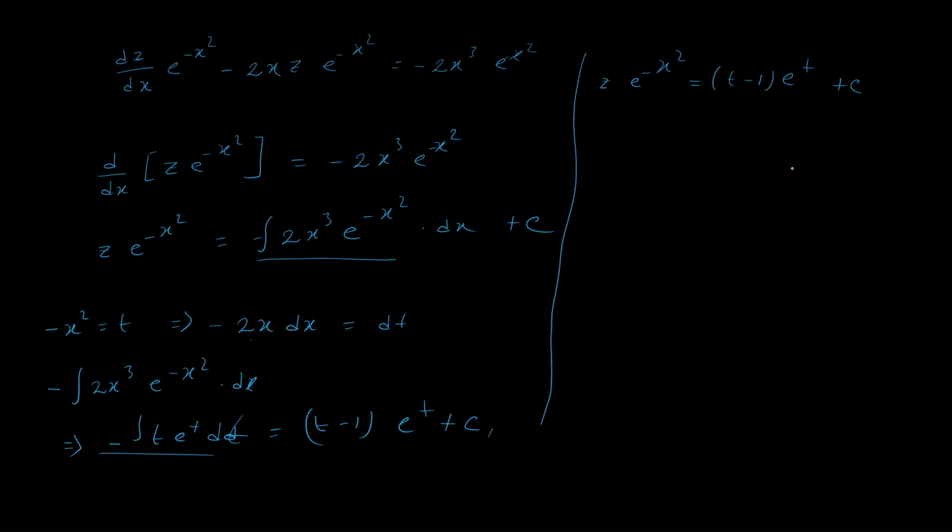The last thing we have to do is put in all the substituted values. First we have to put the value of z. The value of z is equal to 1 by y square. We don't have any issue if we take it in the x term.